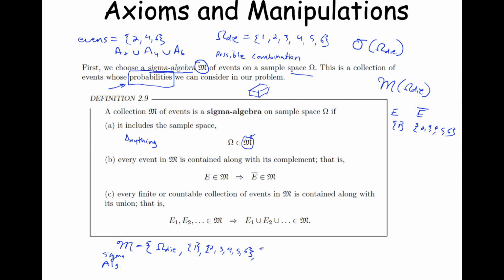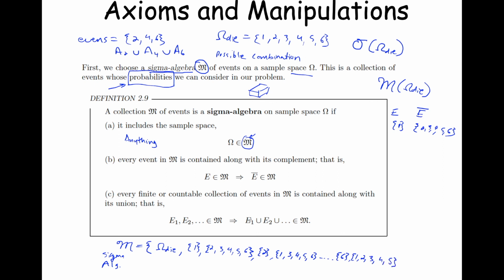Likewise, I'm going to have 2, another event I can think of, in addition to not 2, which is 1, 3, 4, 5, and 6, etc., up to and including 6, and not 6, which is 1, 2, 3, 4, and 5.